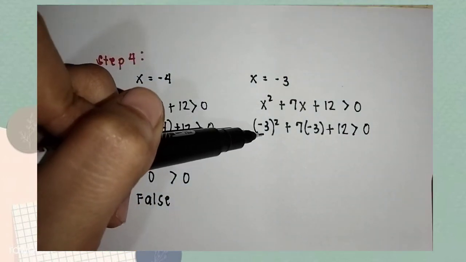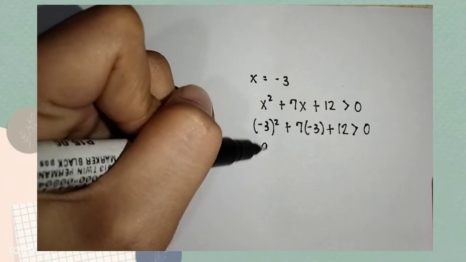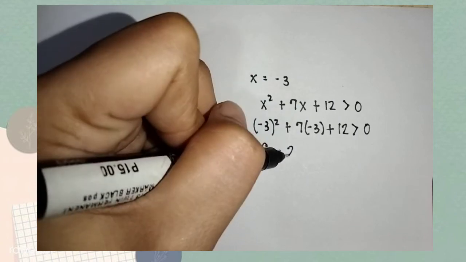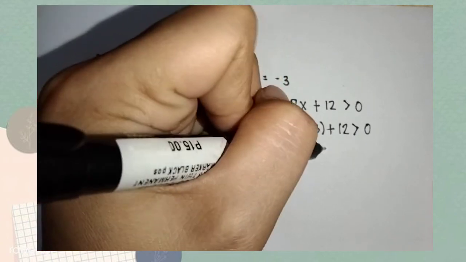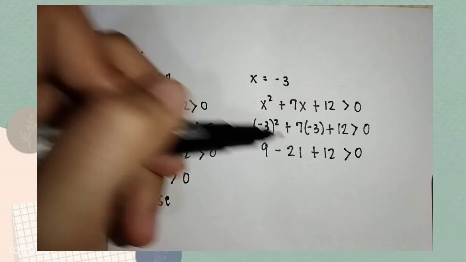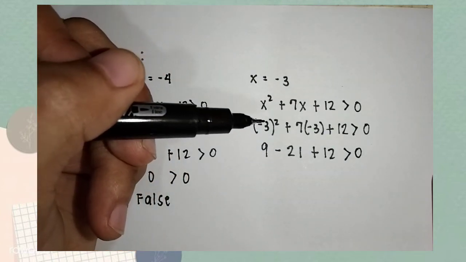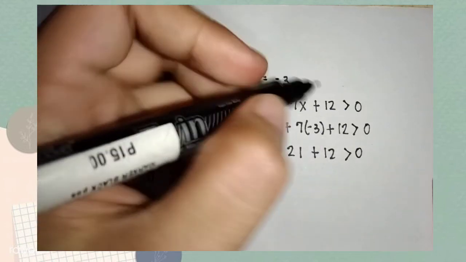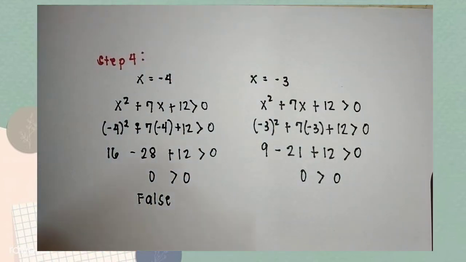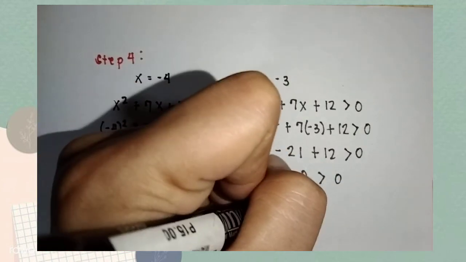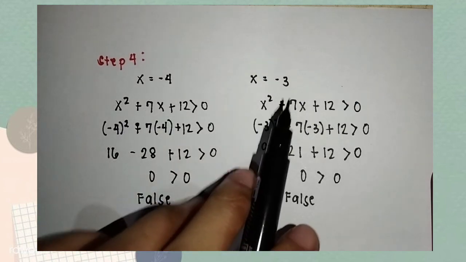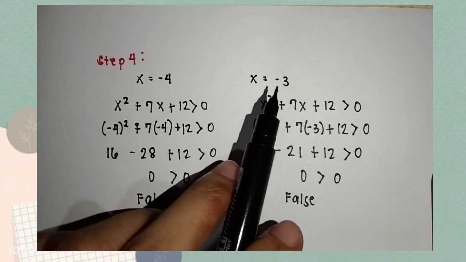Okay, so negative 3 times negative 3 ay positive 9. 7 times negative 3 ay negative 21. Plus 12 greater than 0. Okay. So, 9 minus 21 ay negative 12, plus 12 equals 0. Greater than 0. So, 0 greater than 0 is also false. So, meaning, it is not a solution of our quadratic inequality.